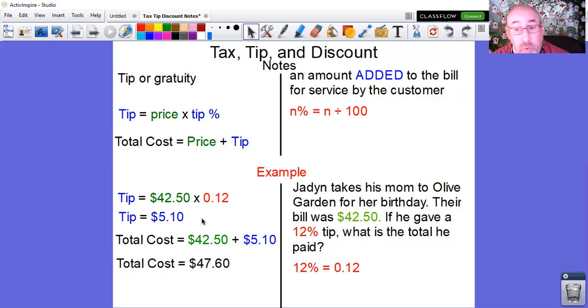So to find our total cost, we add our original price, $42.50, plus $5.10. And we get the total cost of $47.60. So again, a tip or a gratuity is something we give extra. It's usually given because someone did really good service for us and we want to give them a little extra. This is not a required amount, like tax is required.